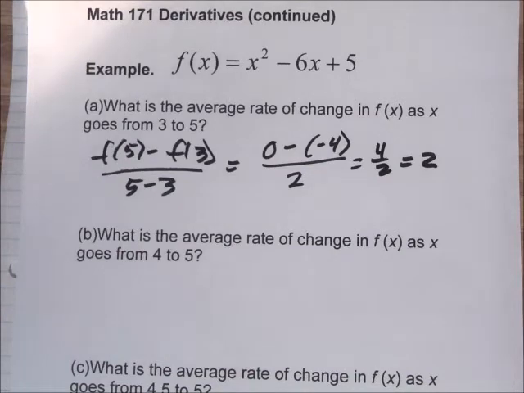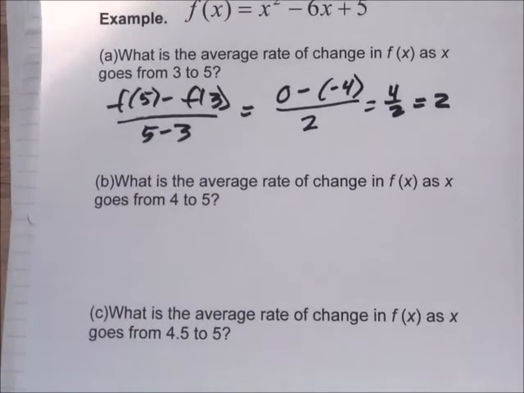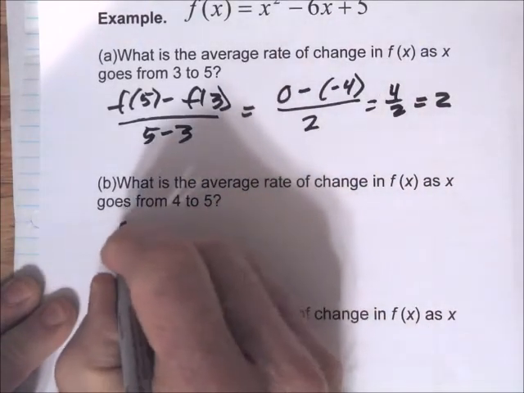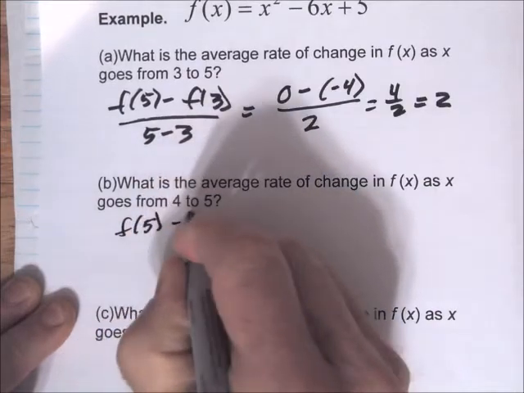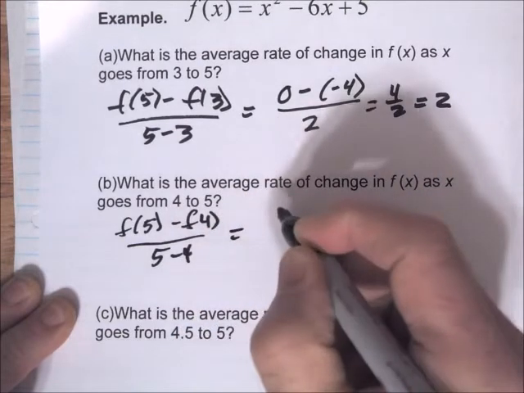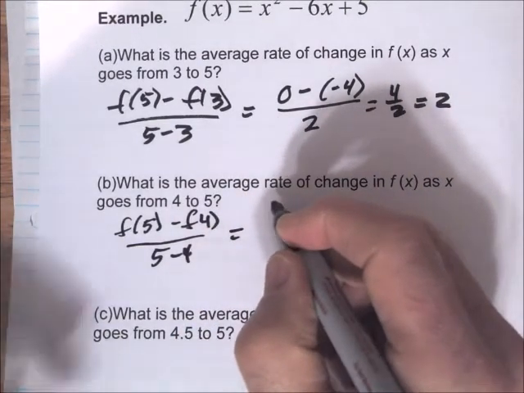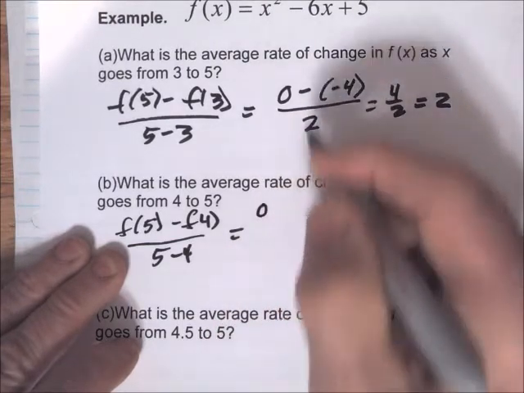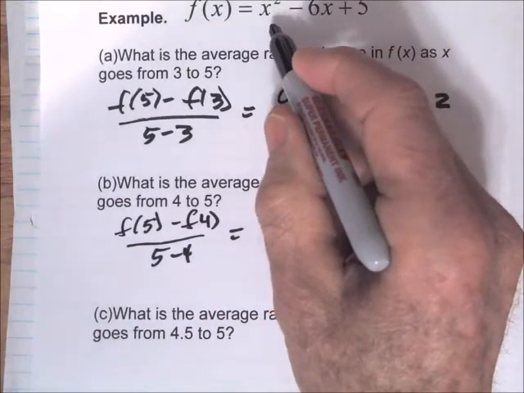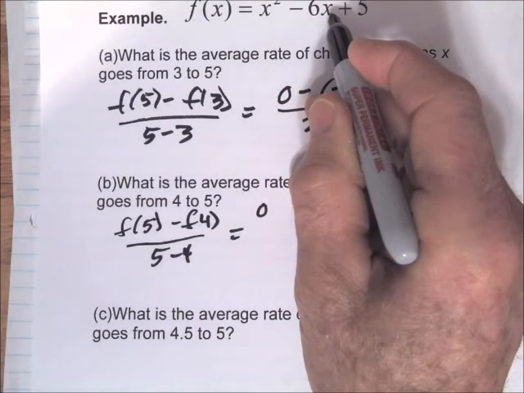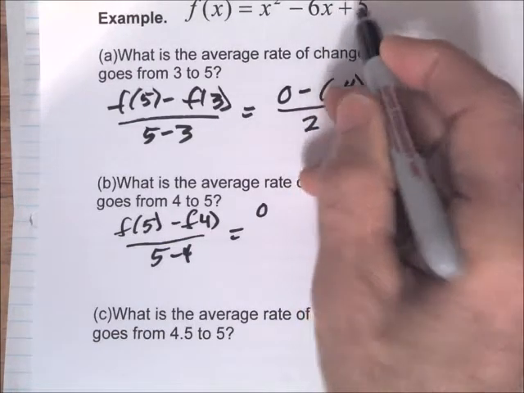Okay, so we can also compute the average rate of change as x goes from 4 to 5. So this is going to be f of 5 minus f of 4 over 5 minus 4. The denominator is 1. F of 5 is 0. F of 4, well, 4 squared is 16, 16 minus 24 is negative 8, negative 8 plus 5 is negative 3.